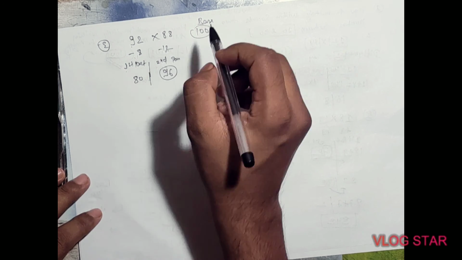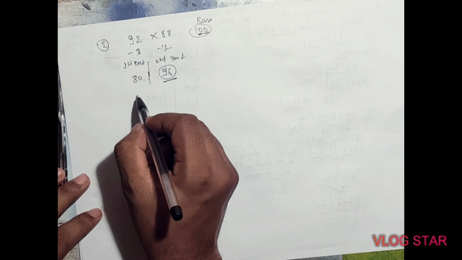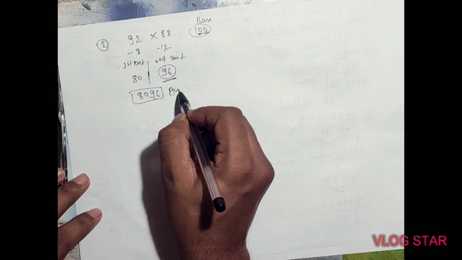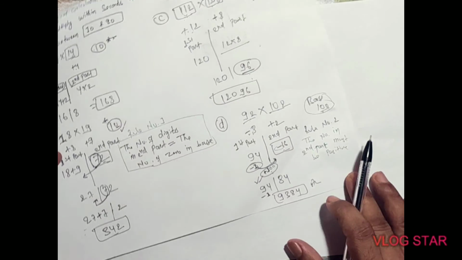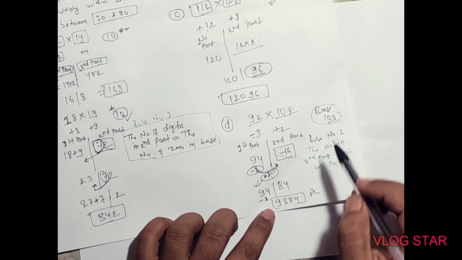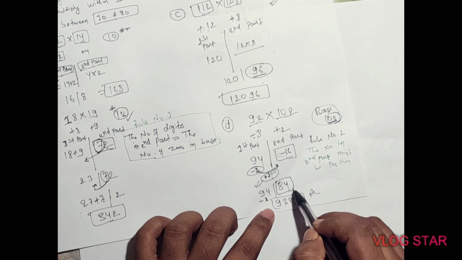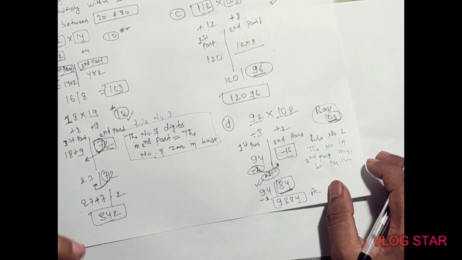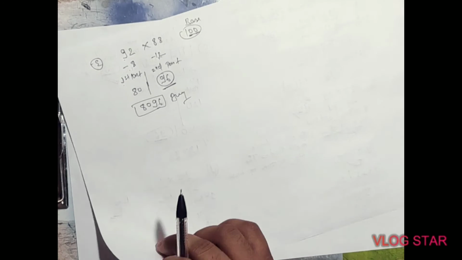Now the number of 0s is 2, the number of digits in the second part is 2, so we'll have 8096 as our answer. Here rule number 1 is satisfied. This will be our answer.